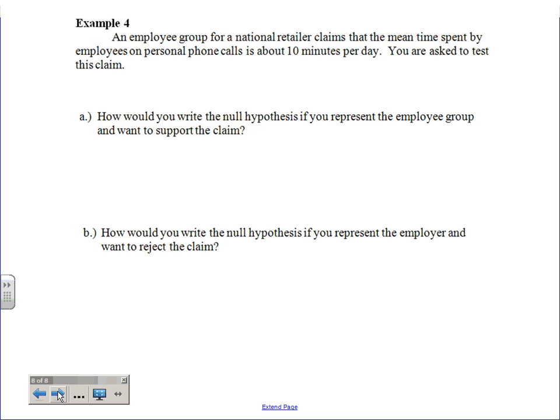So how would you write the null hypothesis if you represent the employee group and want to support the claim? So in other words, we want to support the claim. So where do I want to put the claim? In the alternate, right? I want the claim over here if I want to support it. It's the only way to do it. And it's mean, right? So we're going to say that over there and over here. We got mean again, but we know there's an equal to somewhere on that side, right?